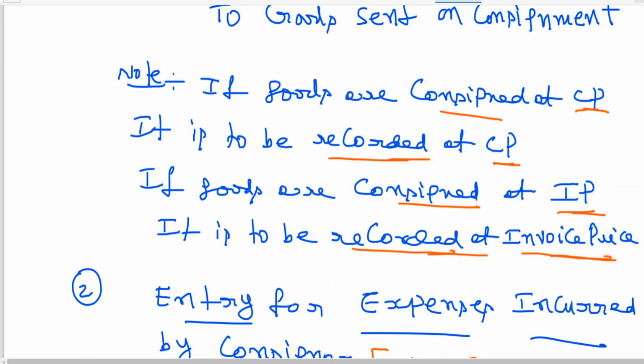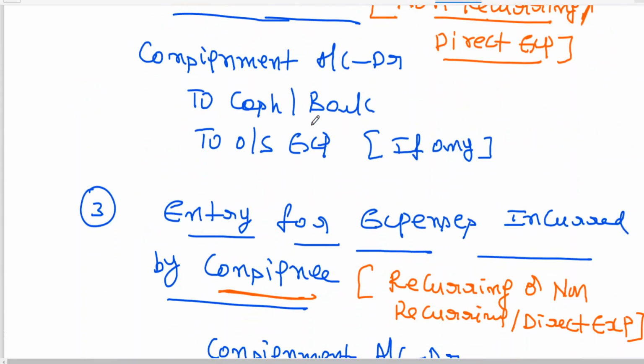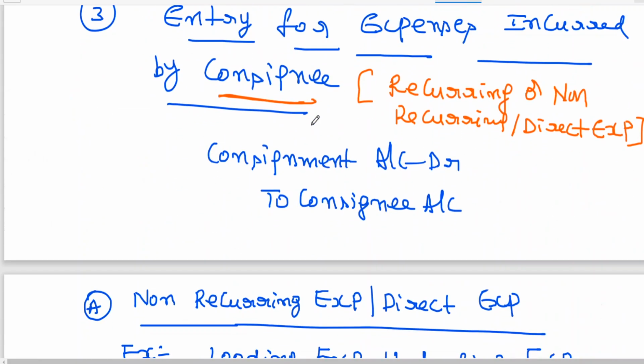Okay, so this is covered. So we have seen so far the entries up to expenses incurred by consignor and consignee.